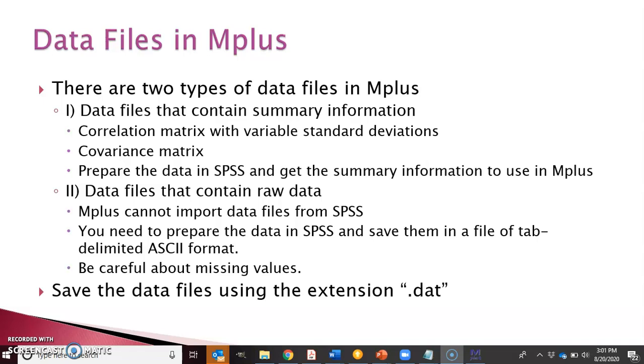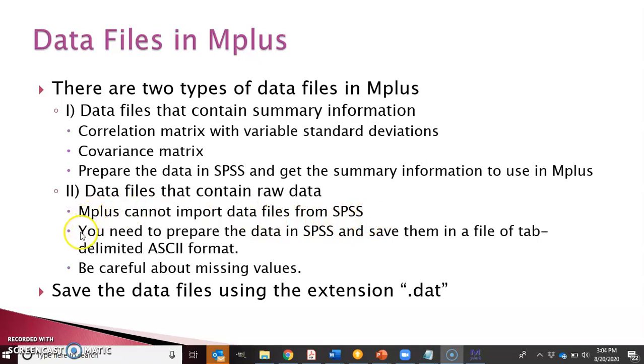Regardless of the type of data file you would like to prepare, I strongly encourage you to prepare your data in SPSS. I have another video in which I showed you how to get the correlation or covariance matrix from SPSS. Up to this point, Mplus cannot import the data file directly from SPSS format.